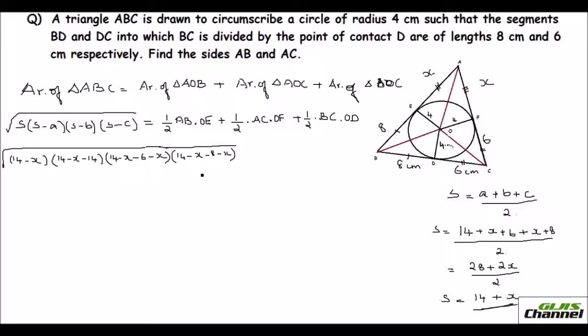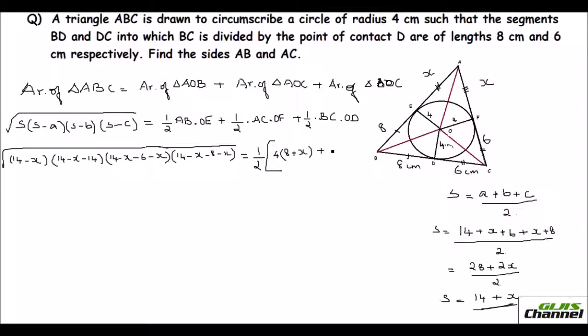Okay, I just substituted the values, and here let me take the half common out. So I will have AB times OE. AB, already I told you, is nothing but 8 plus x, right? So that's 4 times 8 plus x, plus AC times OF.